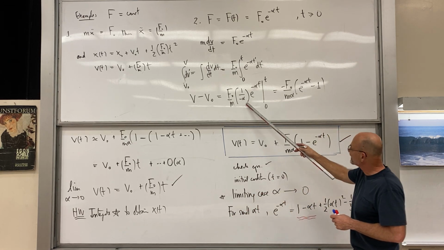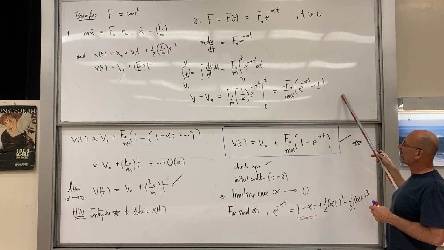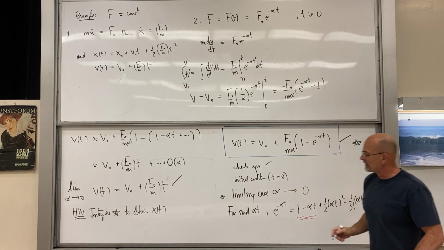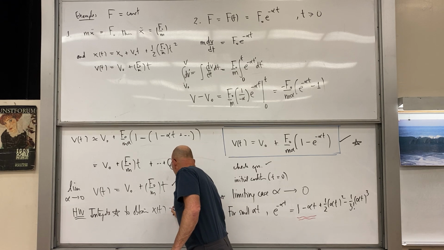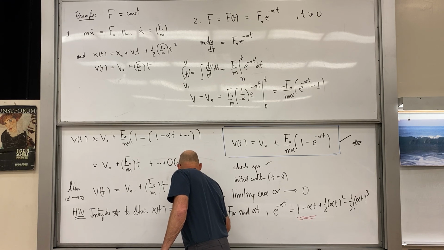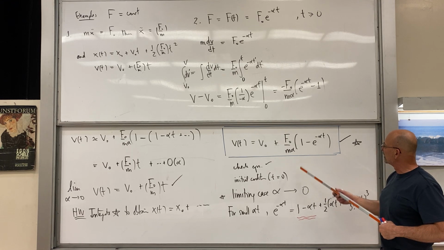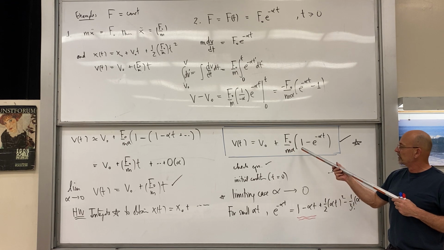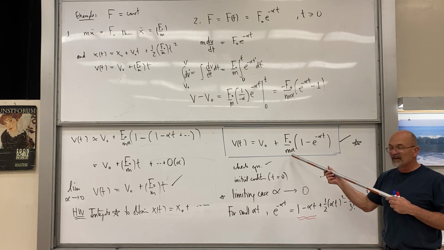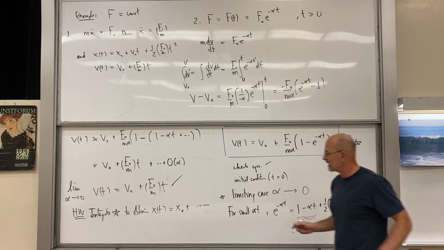It'll come out exactly analogous to what I did right here. So you'll get x equals x0 plus this other stuff. And then the next thing we're going to do, it's going to look a little worse than this one, is do the limit as alpha goes to 0.